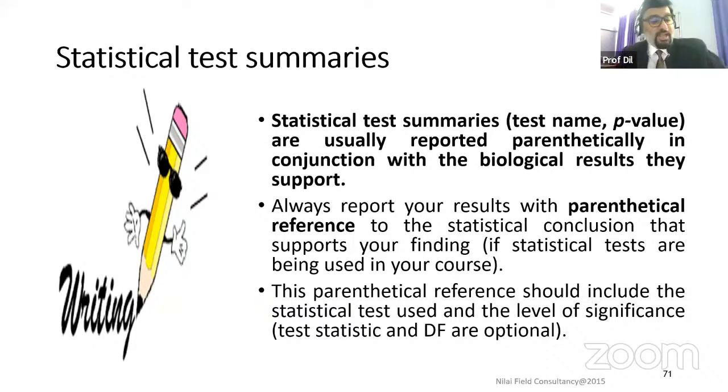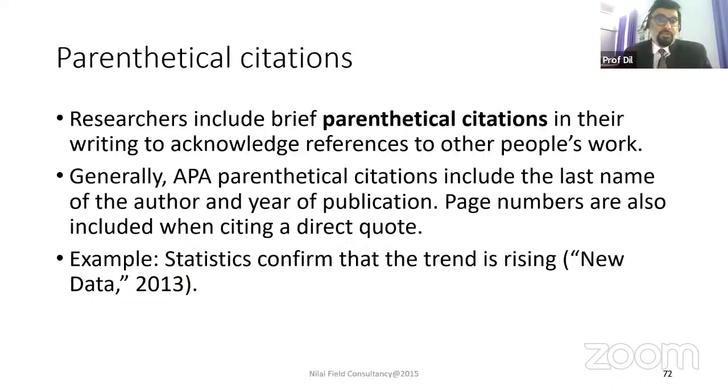If a statistical test has a cutoff value, say Nunnally 1972 indicated that 0.6 is the minimum cutoff point for Cronbach's alpha, then you write that in this particular research the value obtained is 0.72, hence it is accepted. So you get support parenthetically and then finally place your finding. I have mentioned parenthetical citation to you. Look here: statistics confirm that the trend is rising.